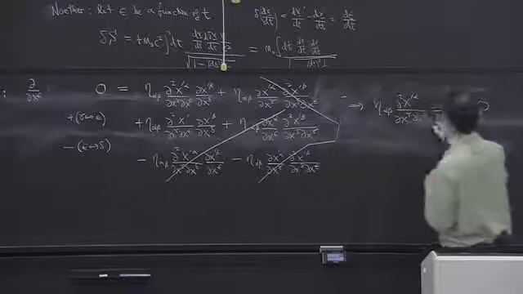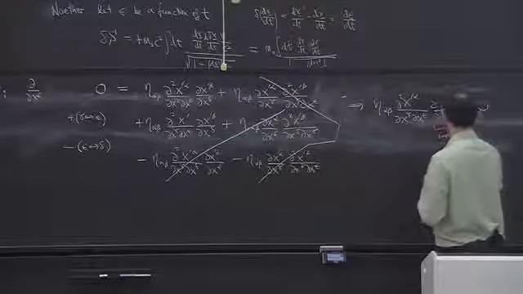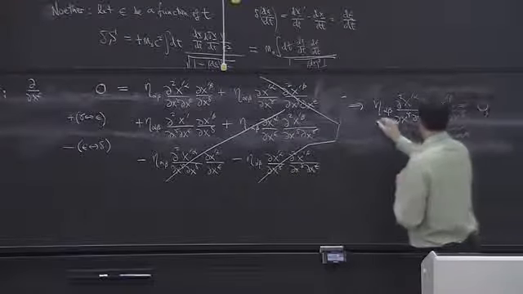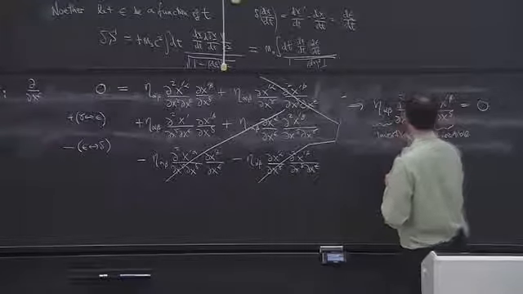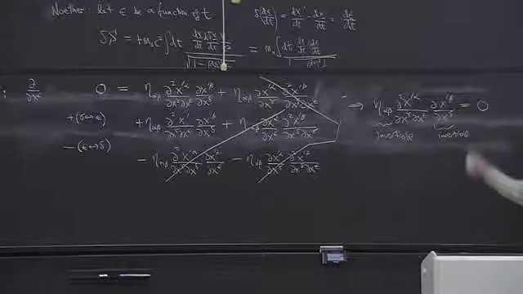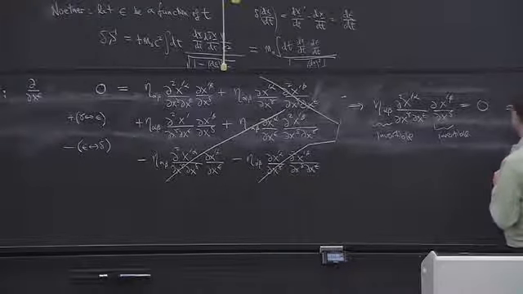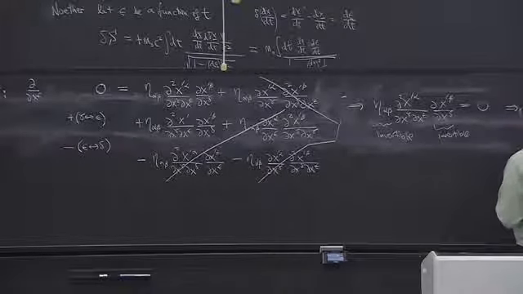So this is invertible, this is invertible, and so you can just multiply by their inverses. And this proves that d2x prime alpha dx gamma dx epsilon equals 0.